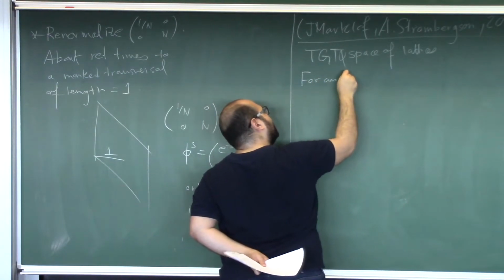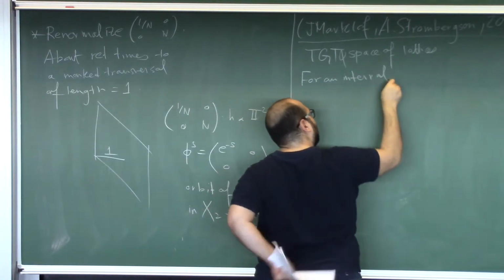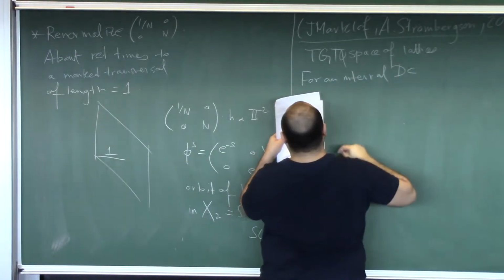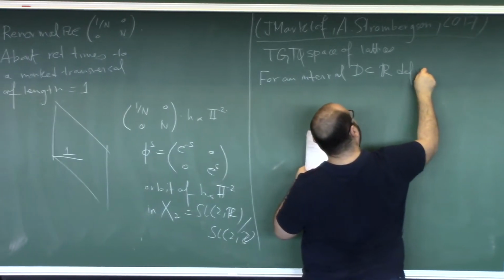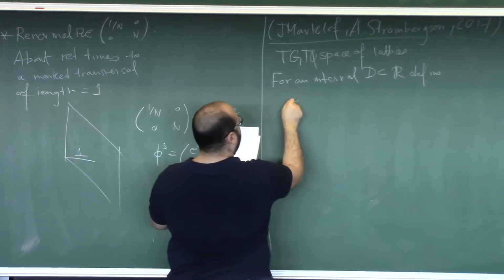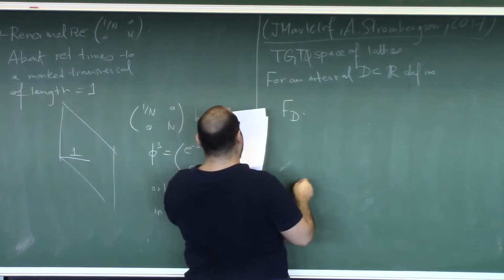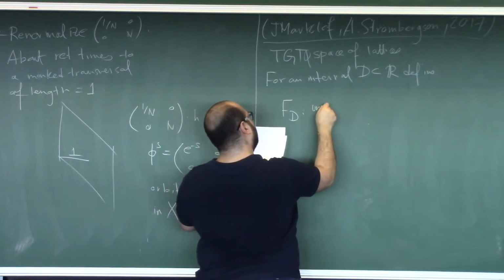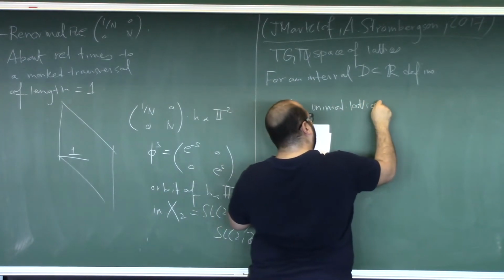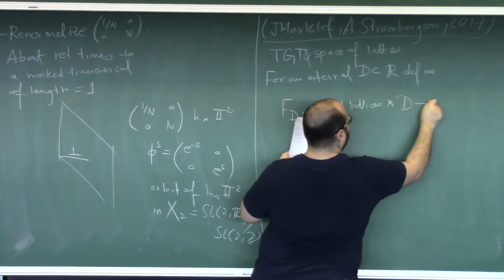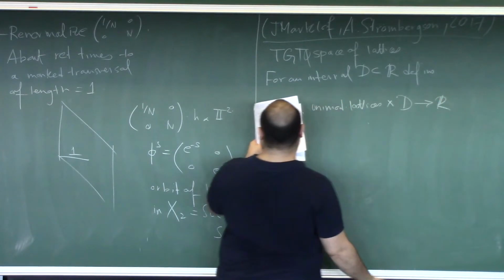So the way they did it was, for an interval R, define f_D going from the space of unimodular lattices times D into R as follows.